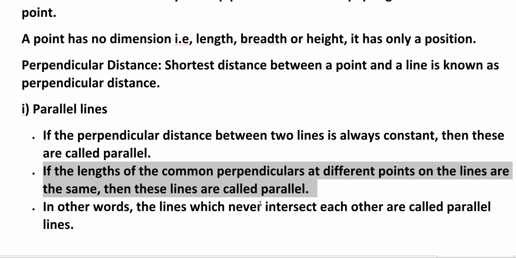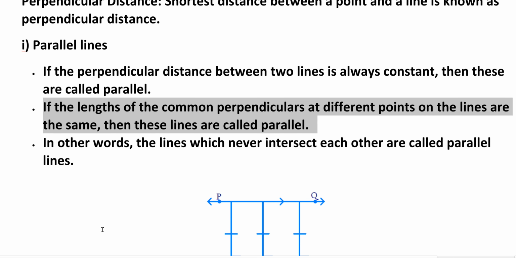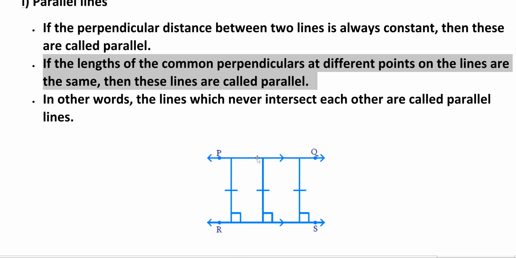In other words, the lines which never intersect each other are called parallel. That means lines which never intersect, that means never collide with each other, are called parallel. These are the parallel lines PQ and RS. PQ is in both directions and RS is in both directions.